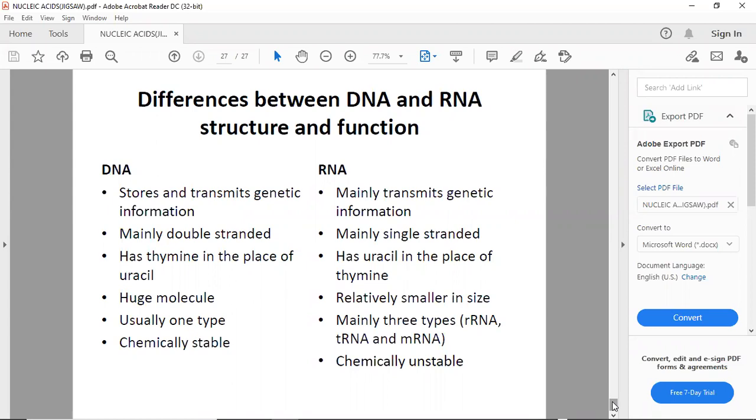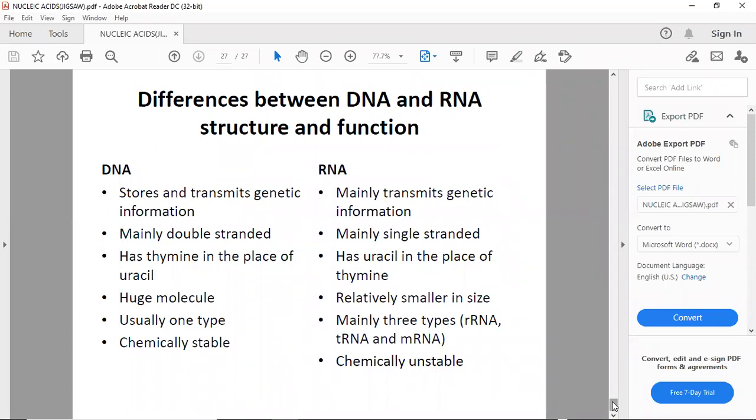The reason DNA is chemically stable could be explained by the 2' position. Remember the 2' position of the ribose sugar.